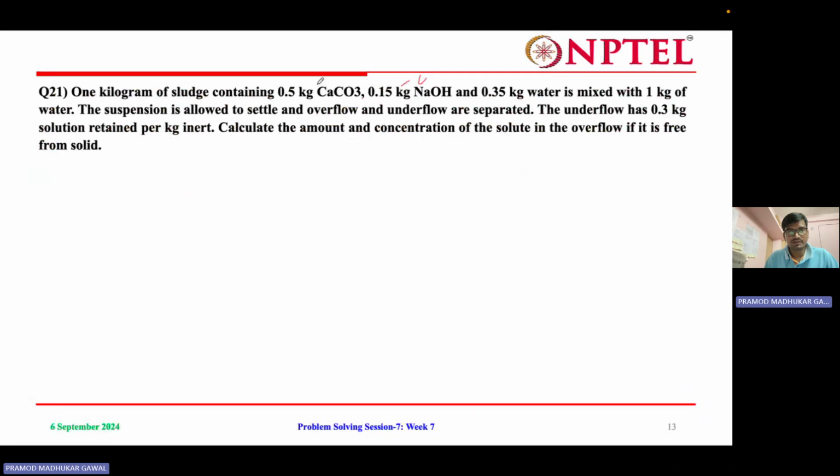This is the solute. CaCO3 is the inert, and 0.35 kg water is mixed. This is the solvent. The solvent present in the feed is mixed with 1 kg of water. The suspension is allowed to settle, and overflow and underflow are separated.